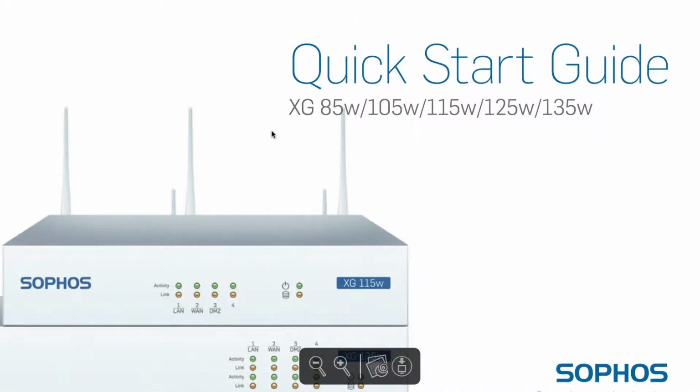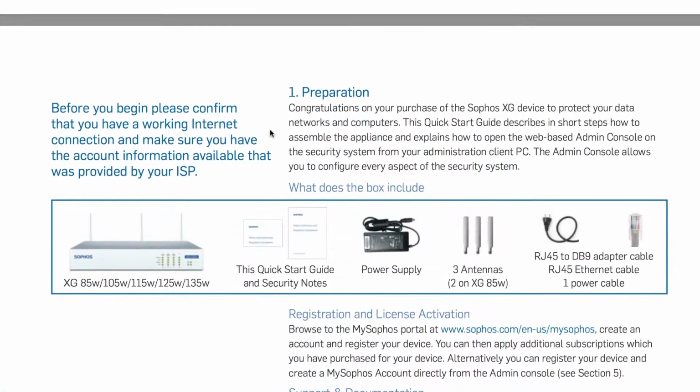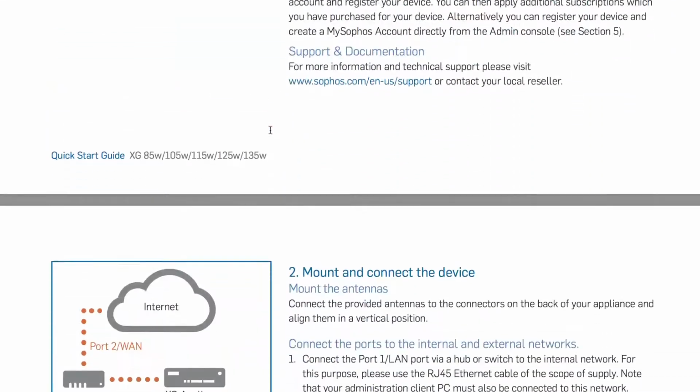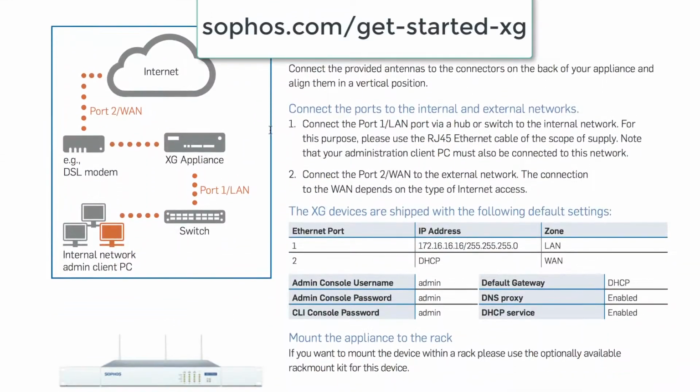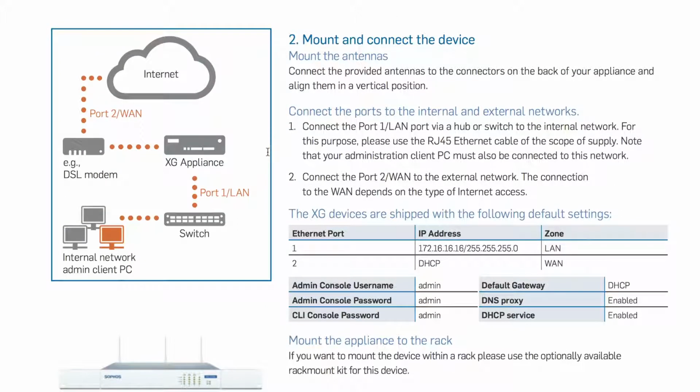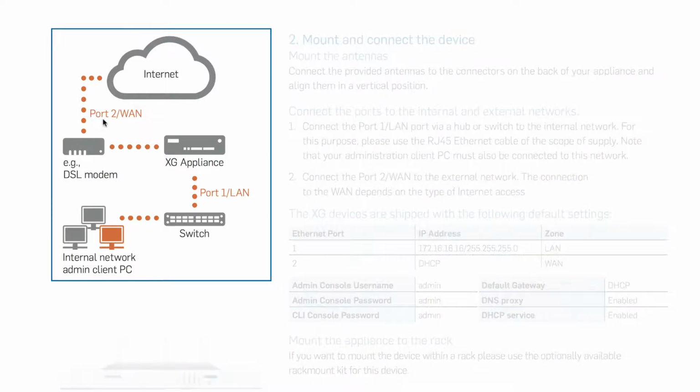Once you have your Sophos ID, consult the Getting Started guide included with your XG appliance or download the latest guide at sophos.com/get-started-xg. You can either perform the setup and registration with the firewall connected to the internet on port 2, the default WAN interface, as we will demonstrate in this video, or you can leave it disconnected and perform the online registration setup later.